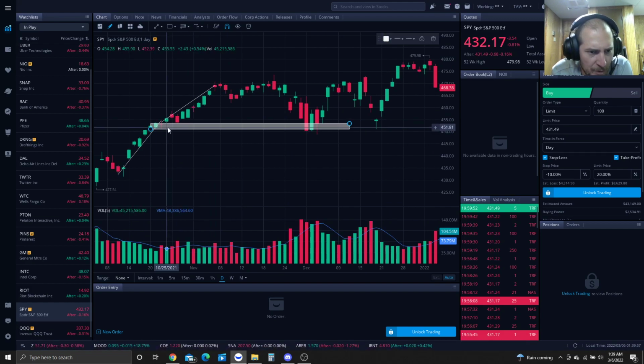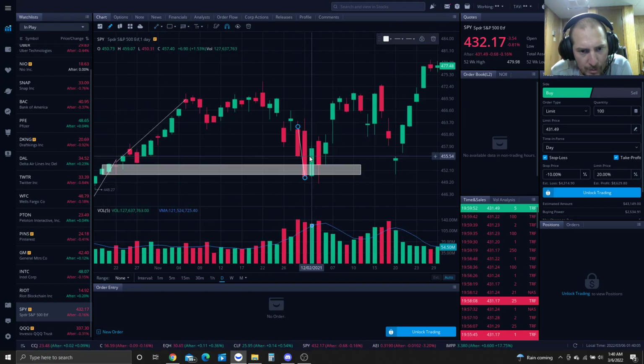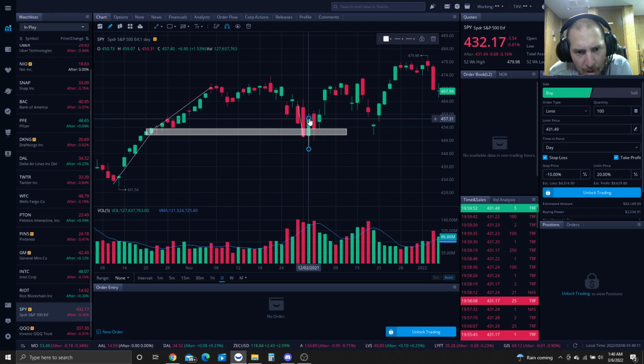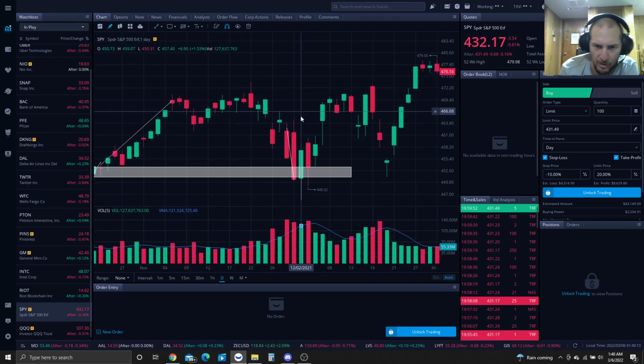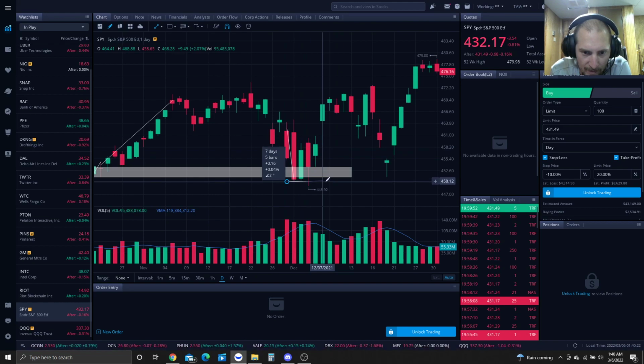So if you had marked out this base on the first day, it actually retests this level, you get a very bearish close, and then the next day you get this huge bullish candle. So you could get in there for sure. Or you could be more conservative and say, okay, I'm going to wait and see what happens tomorrow. You might miss the trade, but you end up getting a retest of this level as well.